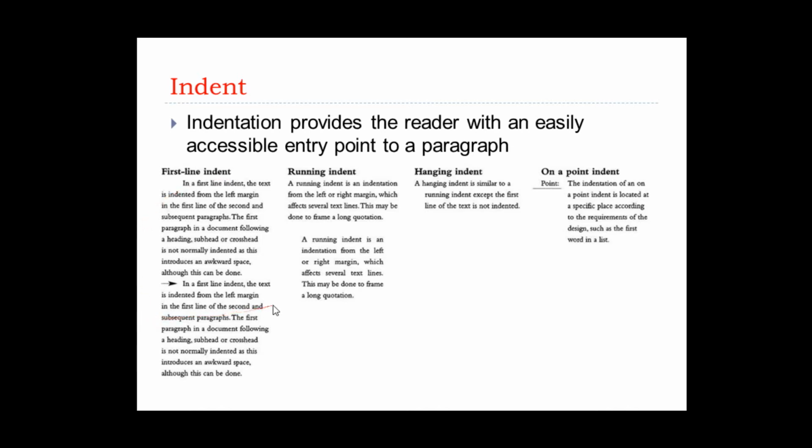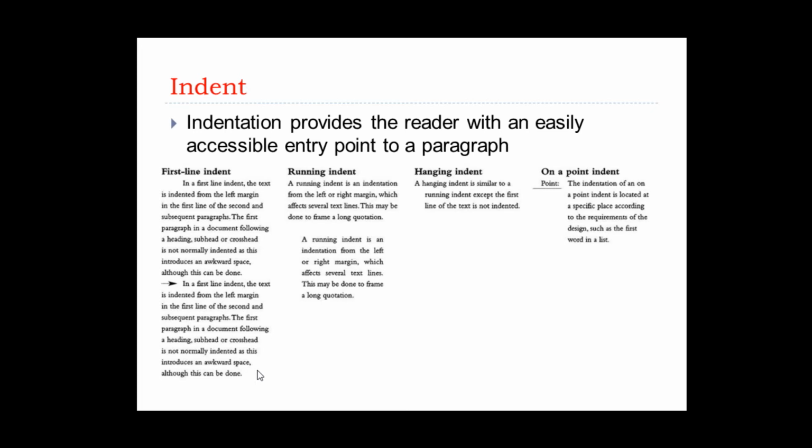In the first line indent, the text is indented from the left margin in the first line of the second and subsequent paragraphs. The first paragraph in a document following a heading, subhead or crosshead is not normally indented, as this introduces an awkward space.